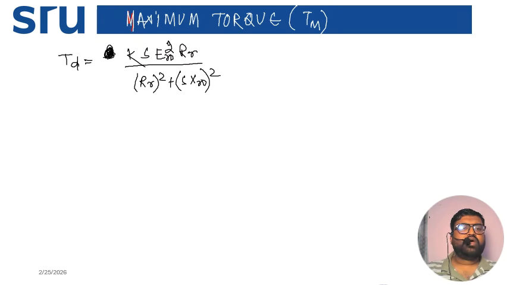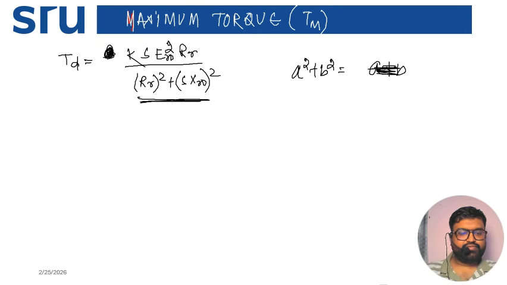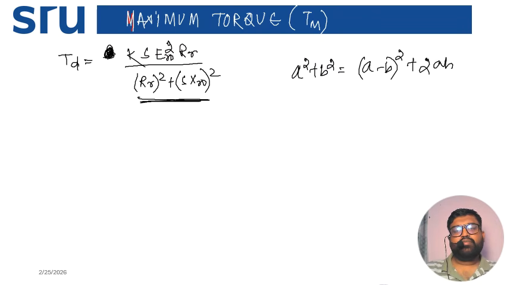Right? Now we have to understand the point where we can apply this for maximum torque. Suppose this is the condition of a square plus b square. We know the formula that a square plus b square can be written as a minus b whole square plus 2ab. Can we write it in this same form?